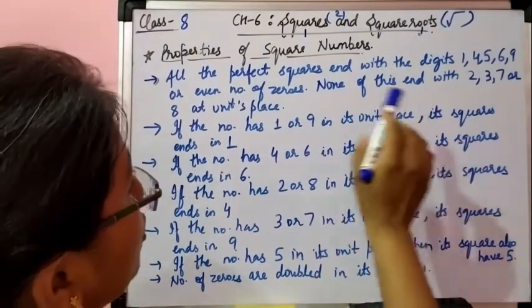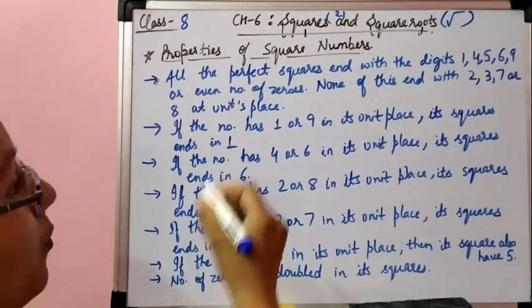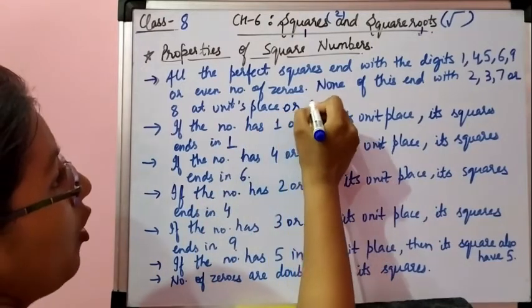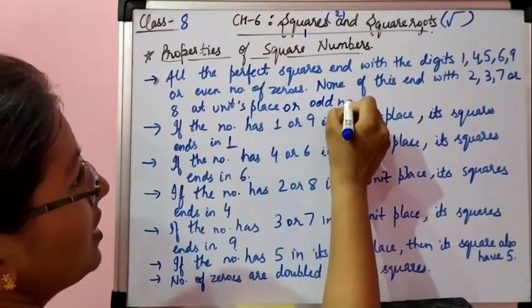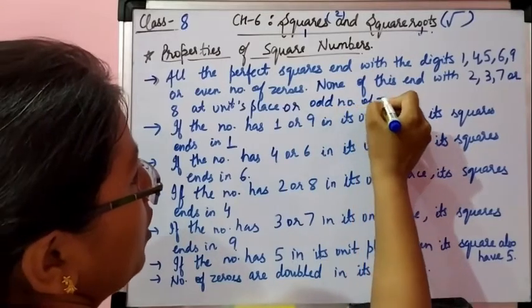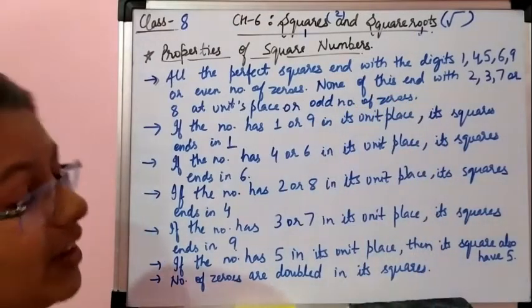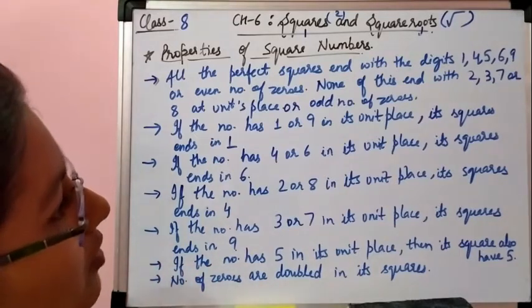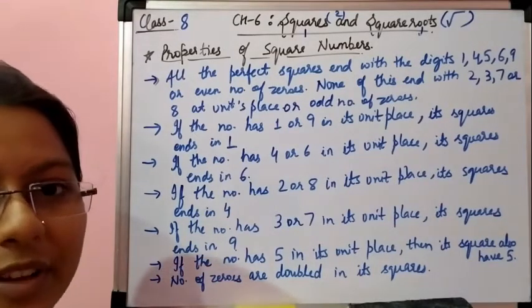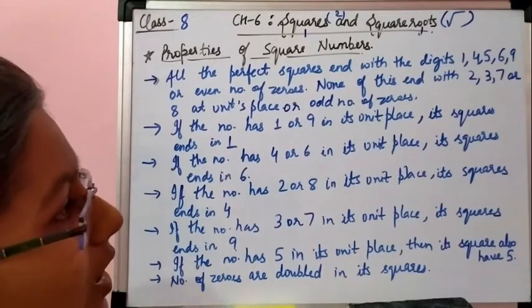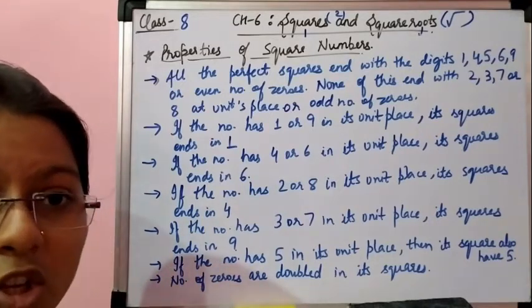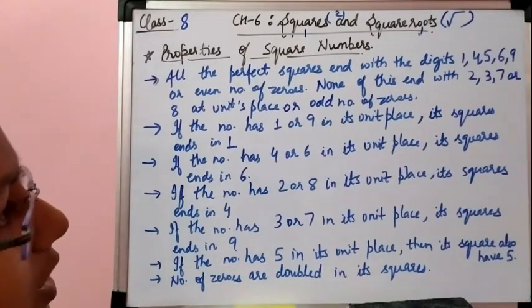No perfect square will have 2, 3, 7 or 8 at its last place, and an odd number of zeros, if there is 1 zero, it is also not possible. Okay, this is the first property to identify. Just by observation we can identify which can be a perfect square number and which will surely not be a perfect square number.